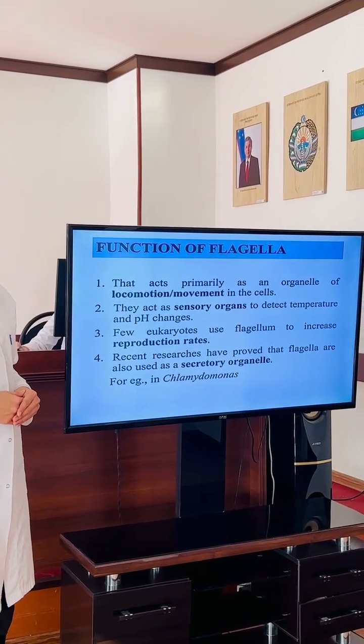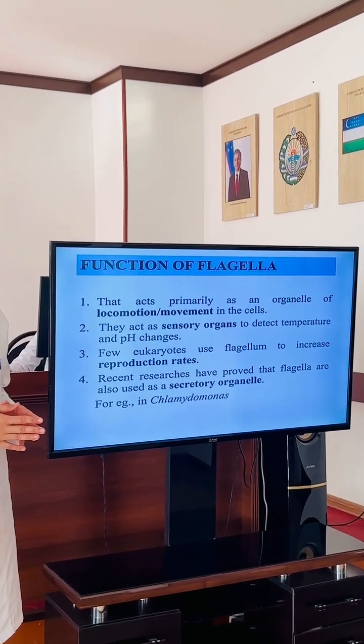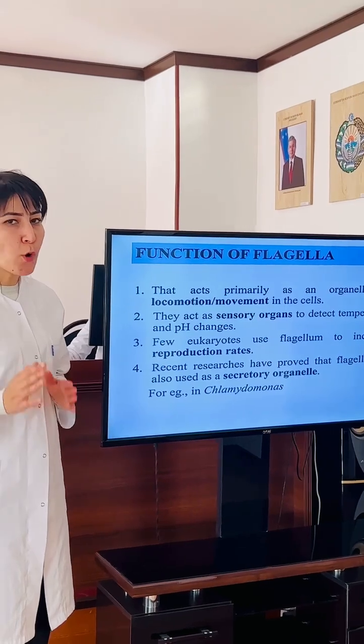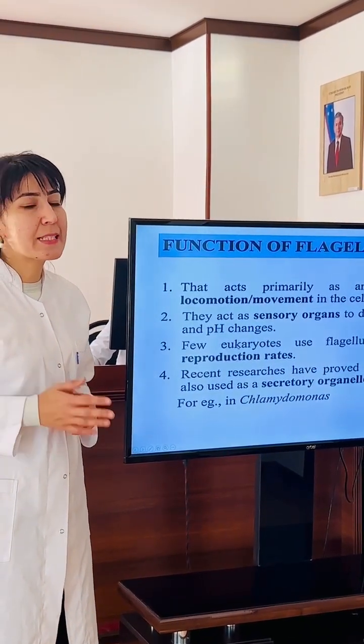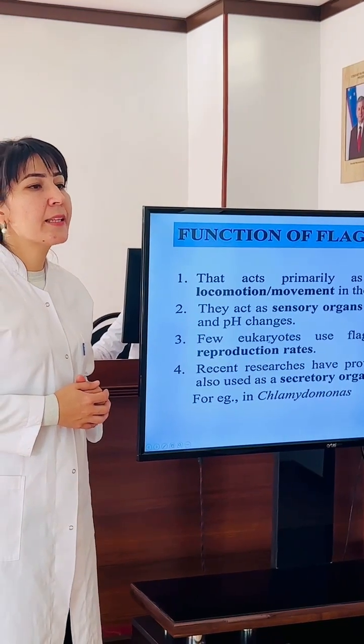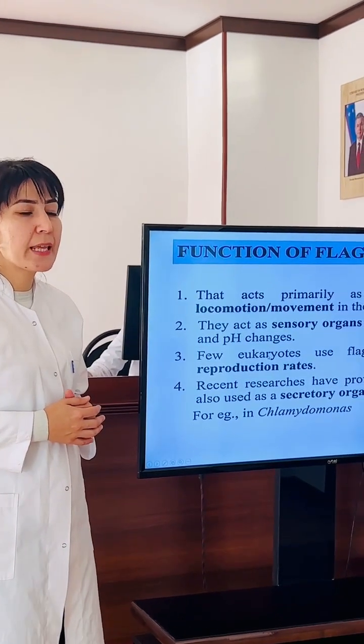One of the important functions of the flagella is movement of the cells, and they act as sensory organs to detect temperature.